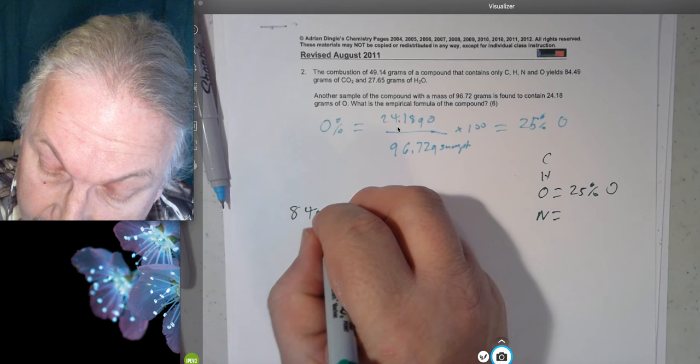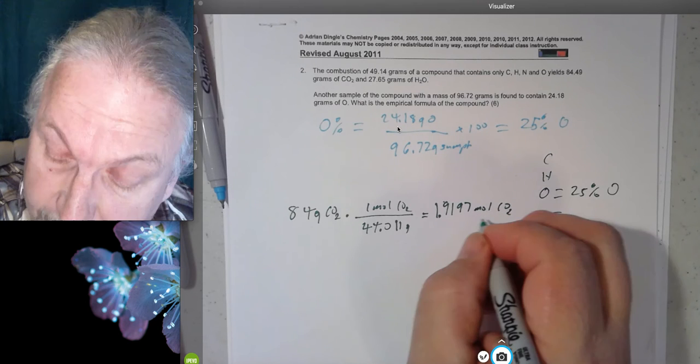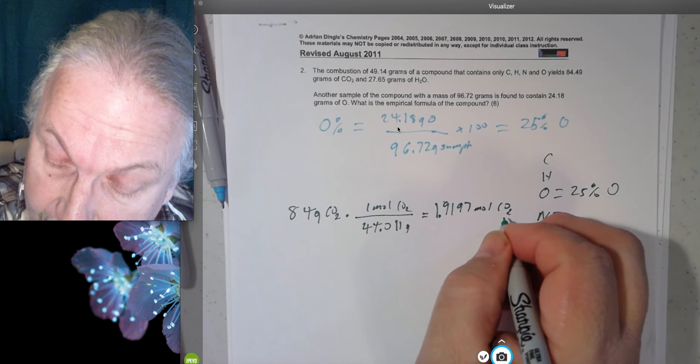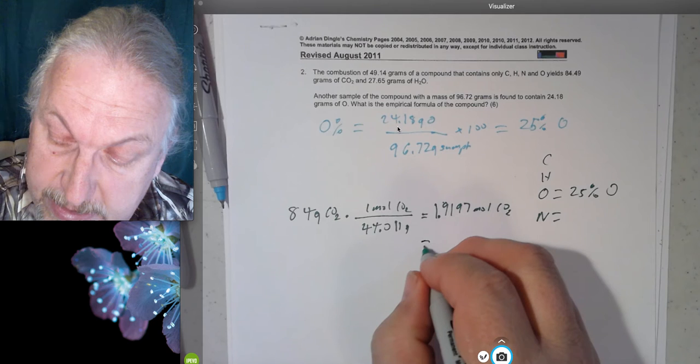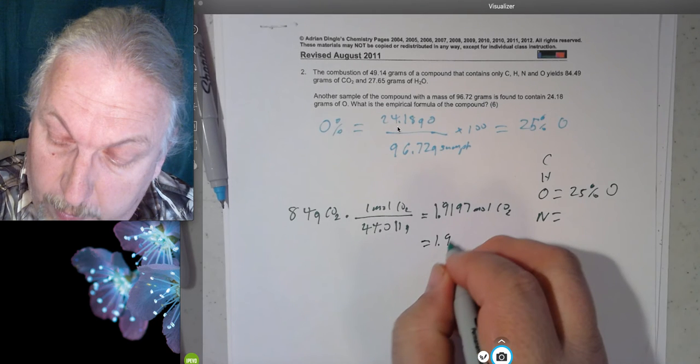So let's go ahead and do the water. Well, let's get the percentage. We're going to get grams, that's in there, so that's moles. And to get the atomic mass of carbon, we look on our periodic table. That's 12.011 grams of carbon in 1 mole. So that's going to give us our mass of carbon, which is 23.058 grams of carbon.